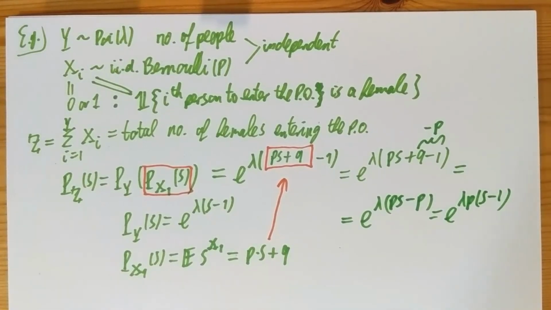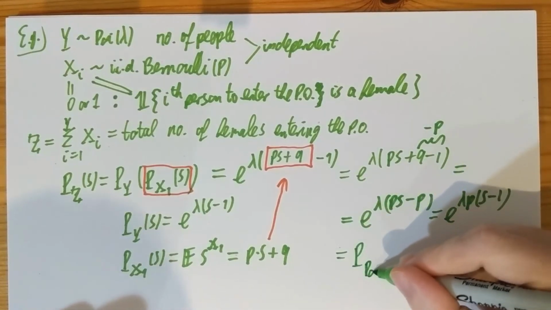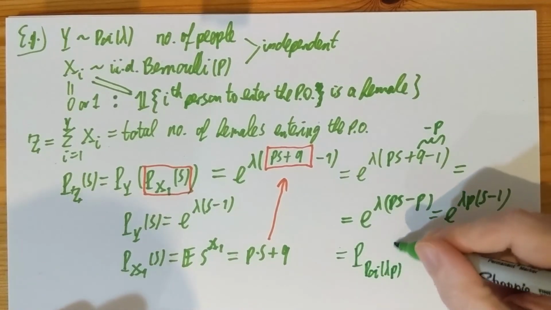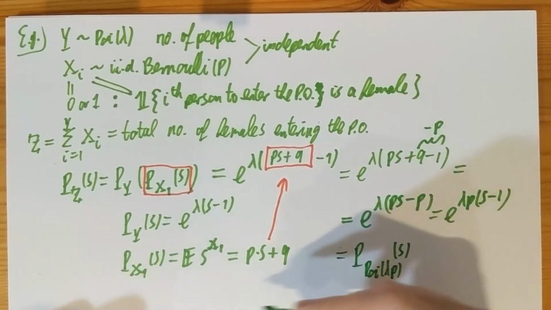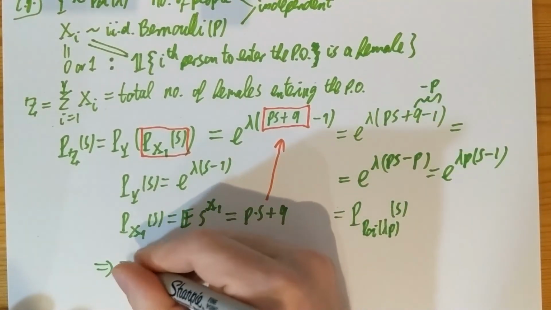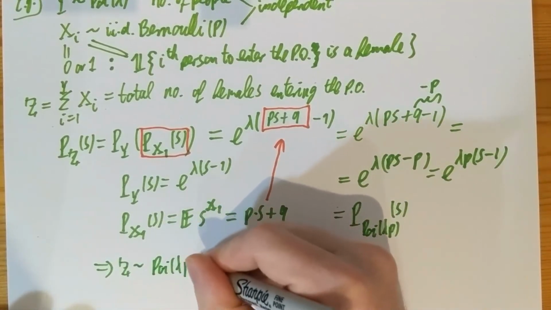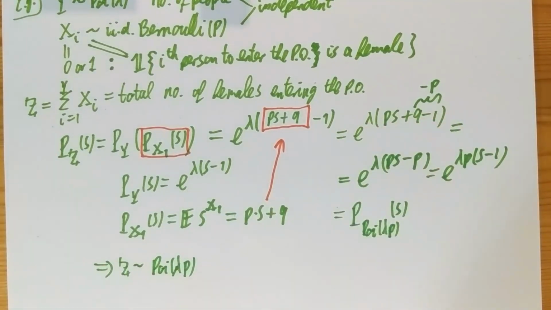And if we carefully look at the generating function for Poisson, where y was Poisson lambda, then we recognize that this is actually of the same form, except for one difference: lambda became lambda p. So what we conclude from here is that we end up with the generating function of a Poisson random variable with parameter lambda p at s, and from here we conclude that z actually must have this distribution Poisson of parameter lambda p, because the generating function uniquely defines the distribution.